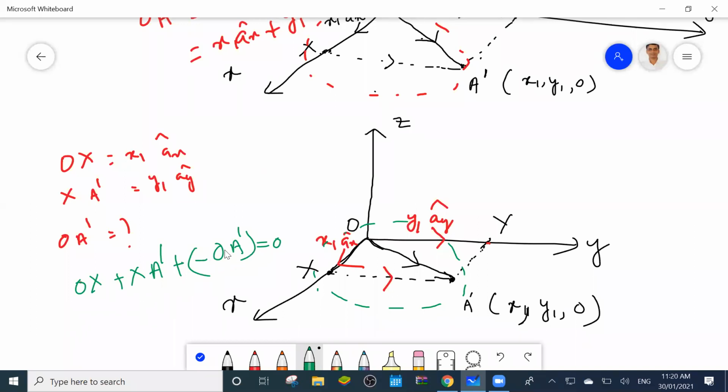So from this, keeping OA dash on the right-hand side, OA dash equals OX plus XA dash. OX value is x1 ax cap plus XA dash value is y1 ay cap. This is the position vector.